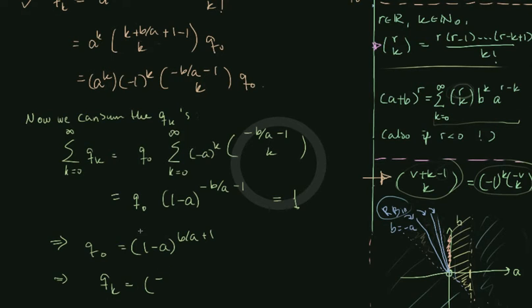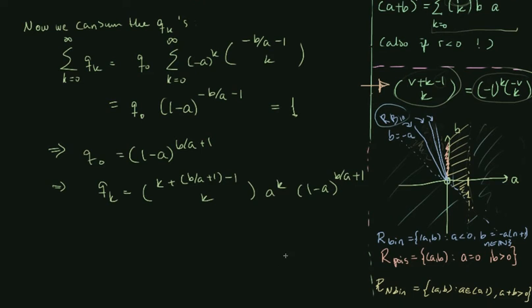Well, maybe we should just write it using the notation above. So it is (k + b/a + 1 - 1) choose k, multiplied by a^k, multiplied by (1 - a) to the b/a + 1.